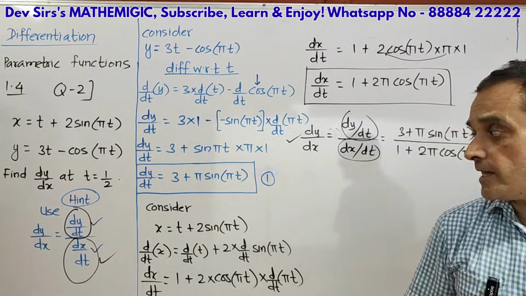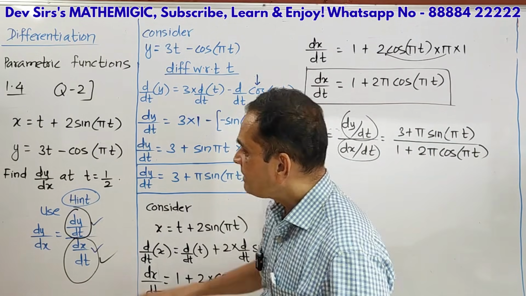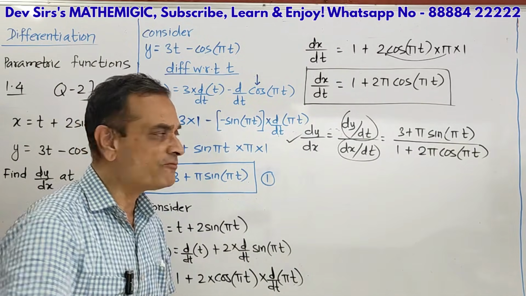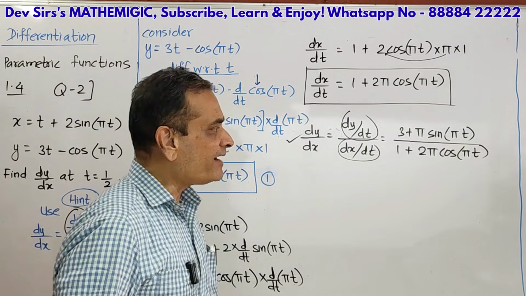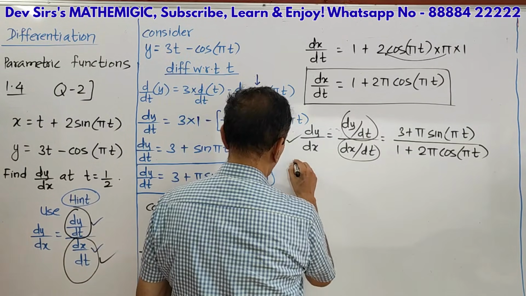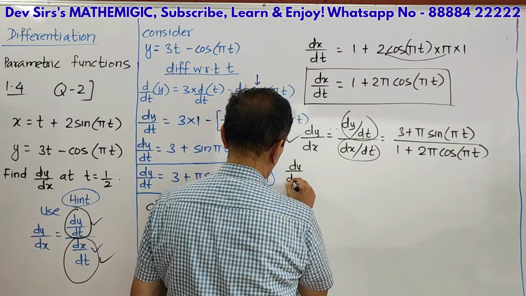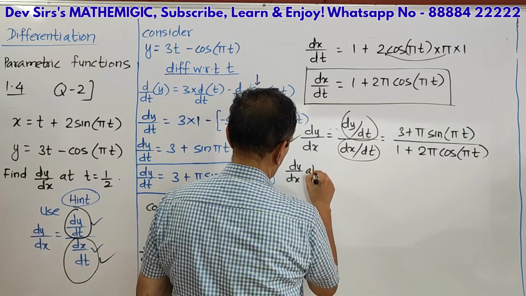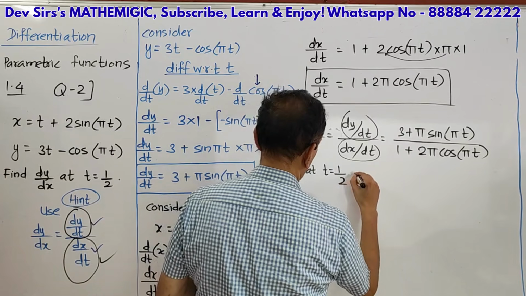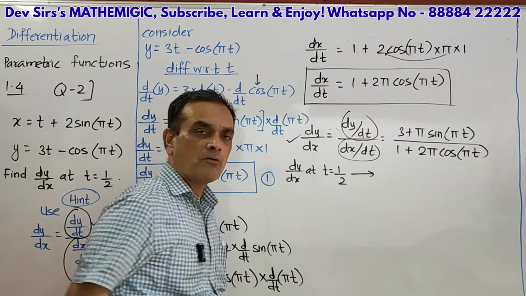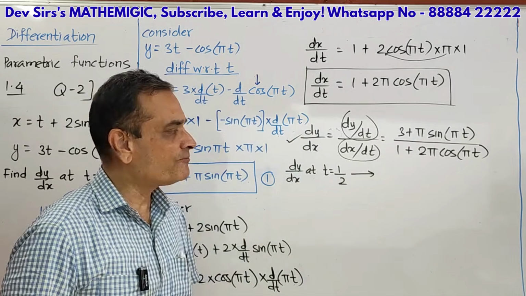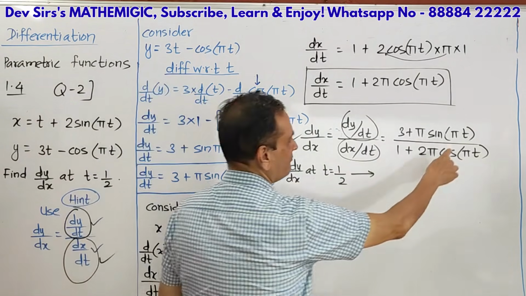लेकिन क्या पूछा है? We are asked dy by dx at t equal to half. बाद में थोड़ा simplify करना है. So finally dy by dx at t equal to half. So what does this mean? dy by dx at t equal to half means they are just telling put t equal to half.